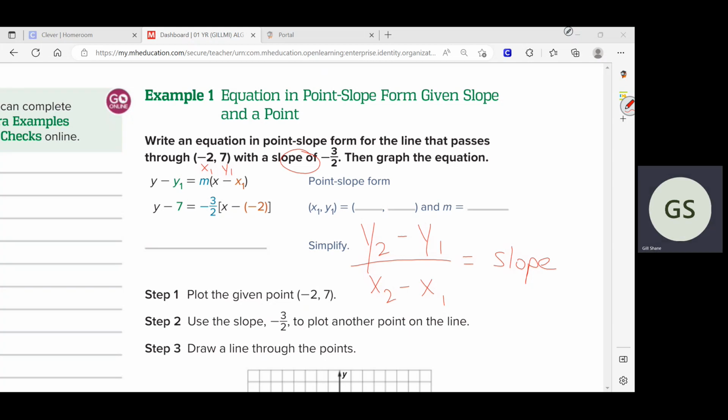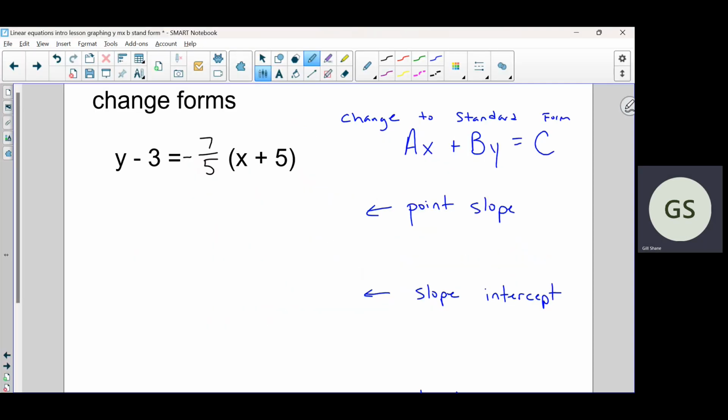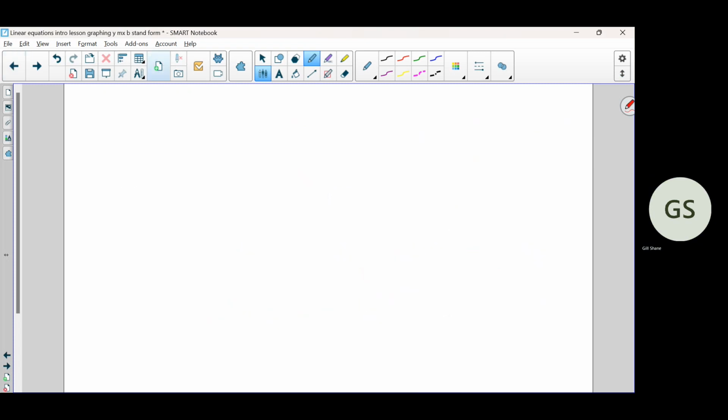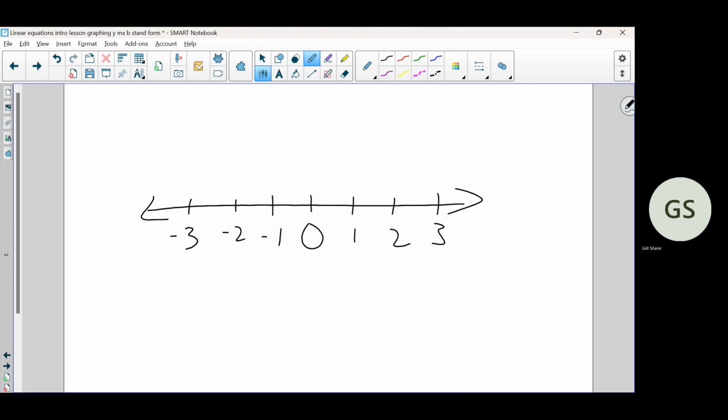I'm going to give you a very super fast version of why. There's a better, more mathy reason, but I'm just going to show you. Imagine a number line. You've got a number line, right? 0, 1, 2, 3, -1, -2, -3.